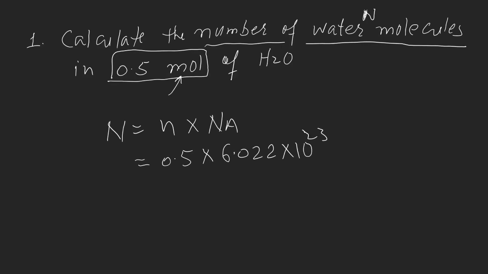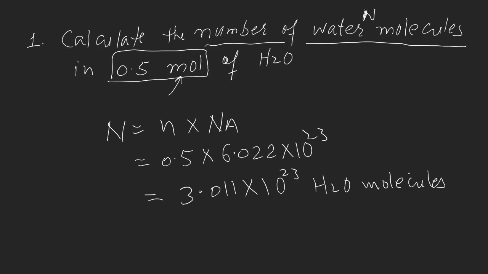So simply use this formula, and that becomes 3.011 times 10 to the power 23. What are these? Number of water molecules. So in the end, after writing this number, you need to say H2O molecules. This is the N, number of particles.